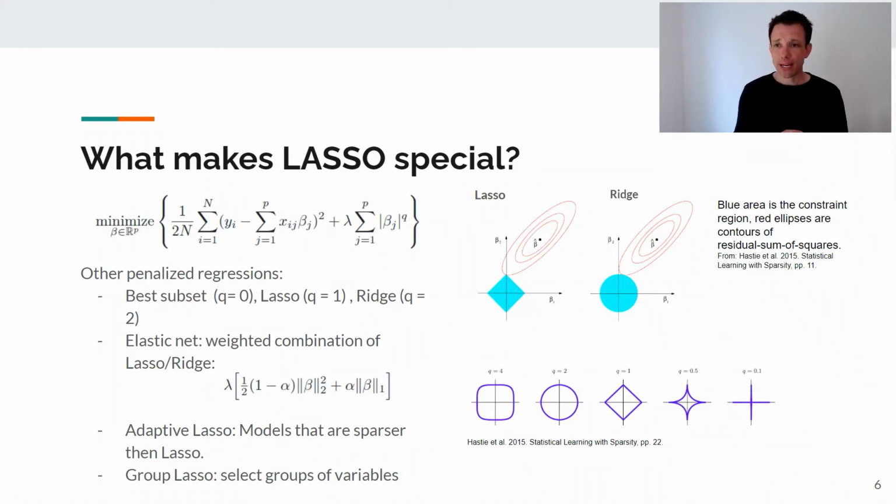Let's briefly come back to these sparsity considerations. The important point why lasso obtains a sparse result is that its constrained region is linear, and you see that here. This blue shape is the constrained region for lasso, while this is the constrained region for ridge, and here are also examples for other values of q and their constrained regions. For example, best subset selection would look like this, and that is in principle the ideal case.